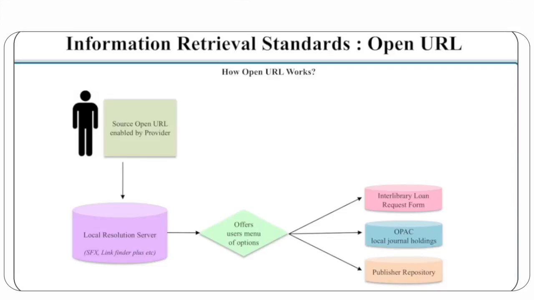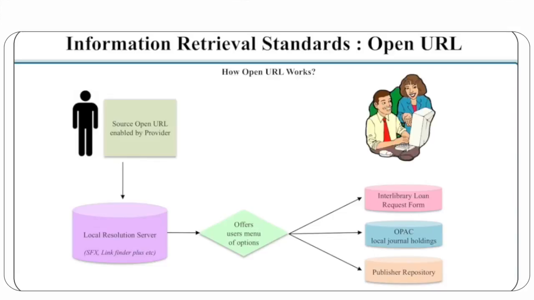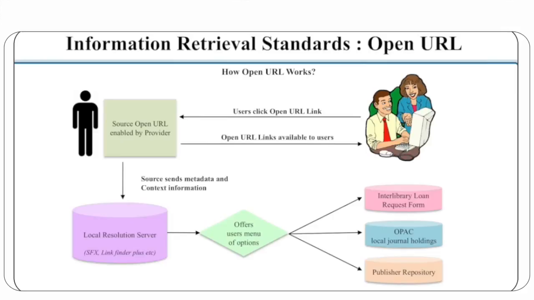OpenURL link allows access to multiple information services from multiple resources, including full text repositories, abstracting, indexing and citation databases, online library catalogs, document delivery service, and other web resources and services. When a user clicks on an OpenURL link, he or she is directed to the OpenURL resolver.